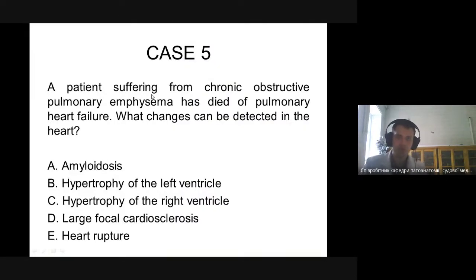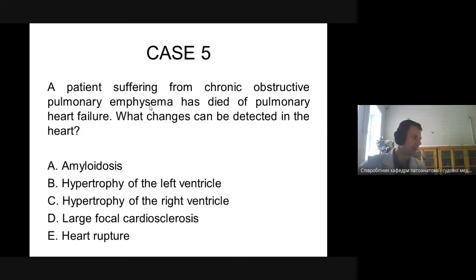Case 5. A patient suffering from chronic obstructive pulmonary emphysema has died of pulmonary heart failure. What changes can be detected in the heart? So that was chronic lung disease. Chronic lung disease can cause problems in the right ventricle.